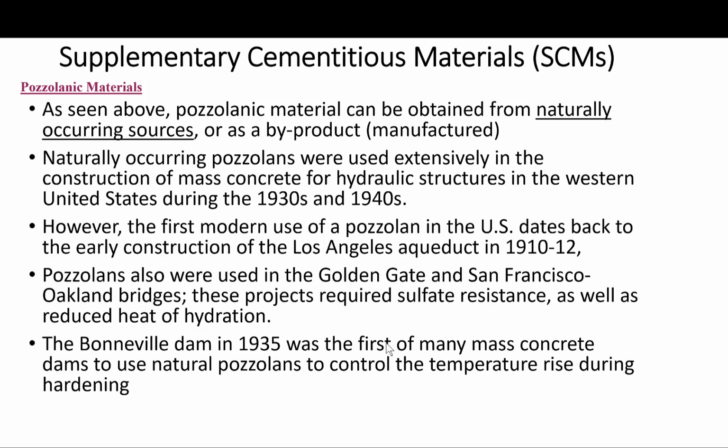In addition, pozzolans were used in the Golden Gate and San Francisco-Oakland bridges. These projects required sulfate resistance as well as reduced heat of hydration. The Bonneville Dam in 1935 was the first of many mass concrete dams to use natural pozzolans to control the temperature rise during hardening. Basically, mostly local materials were used for this purpose.